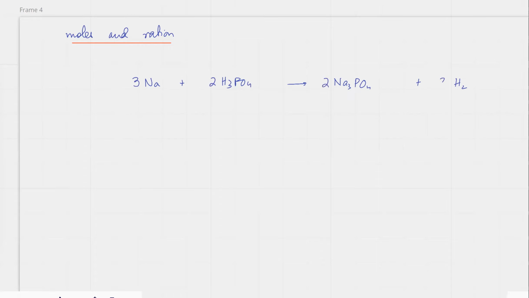There would be 3 H2 and there's going to be 6 sodiums. So I have the ratio in which they're going to react. And the ratio is 6:2:2:3.